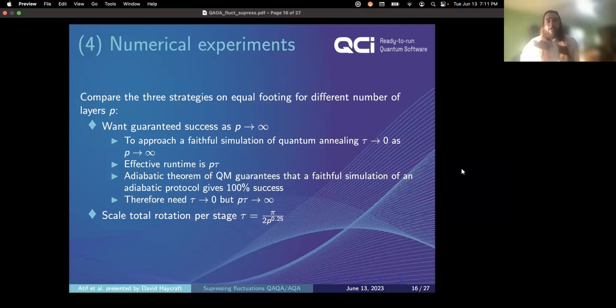The effective runtime is p times tau, and by the adiabatic theorem of quantum mechanics, we are guaranteed that this protocol will give us 100% success. For our particular experiments, the total rotation per stage was tau equal to pi over 2 times p to the 1/4.